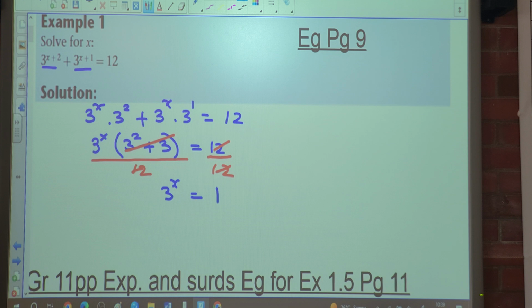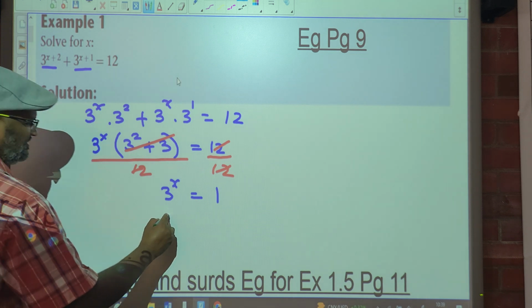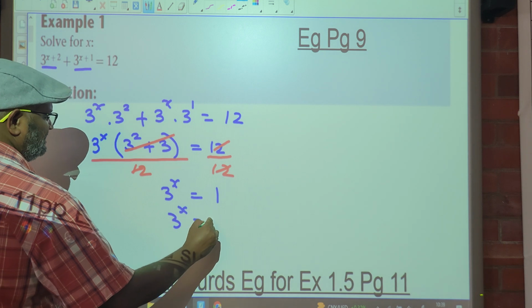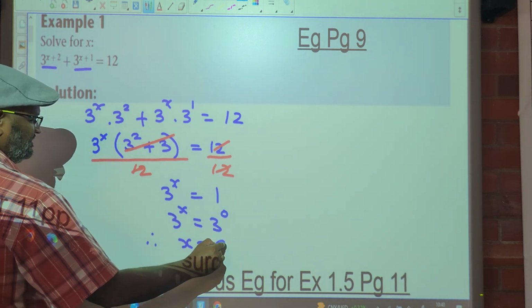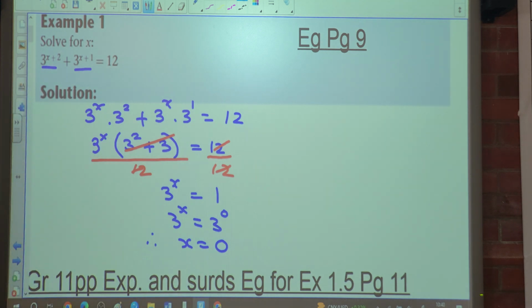But this 1 in this case would be 3 to the exponent 0. Anything to the power of 0 is of course 1. So therefore x is equal to 0. Is there any confusion here? Any confusion? No?